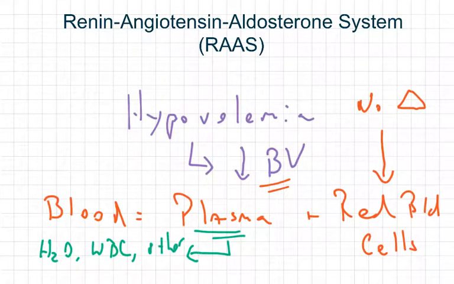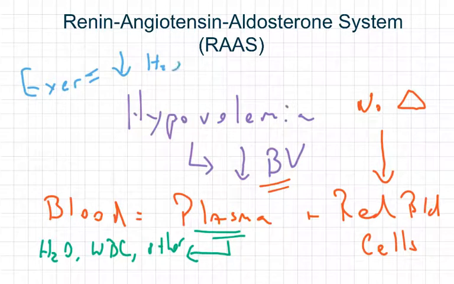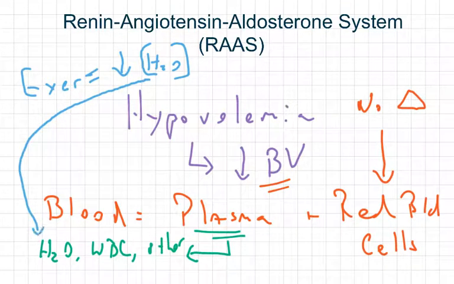And so when we start exercise, what happens? If we're not taking in water and also through thermoregulation, i.e. sweating, we have a drop in the water concentration in our body. And so when we see this drop in water concentration, we see drops in blood volume due to that portion of blood plasma. And so when we see drops in blood volume, what we see is increases in blood viscosity.